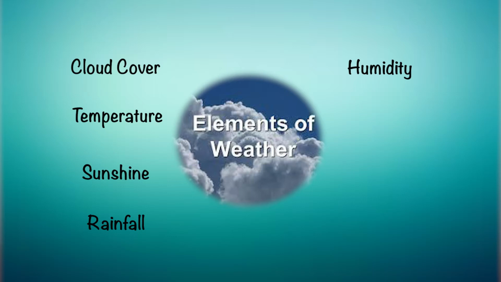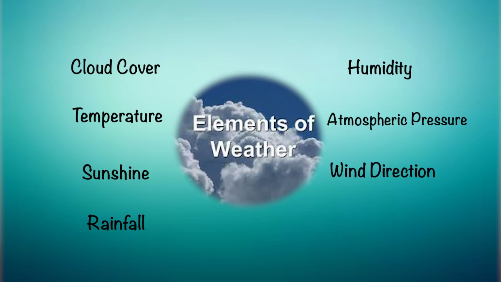So you say that word quite nicely. Humidity. Next element of weather is atmospheric pressure. Atmospheric pressure. Another element is wind direction. Wind direction. And finally, yes, you may have said it before I did, wind speed. Wind speed. And so there we have it, the elements of weather.